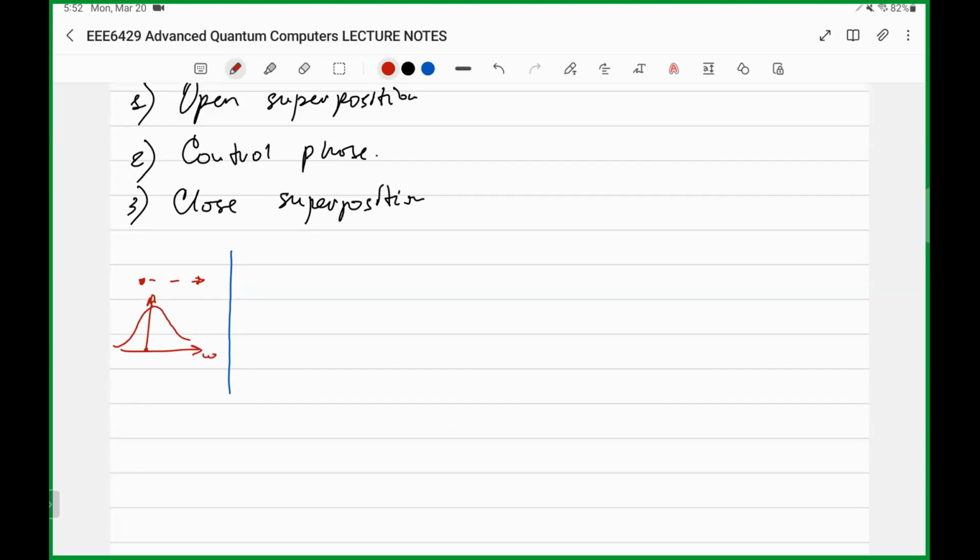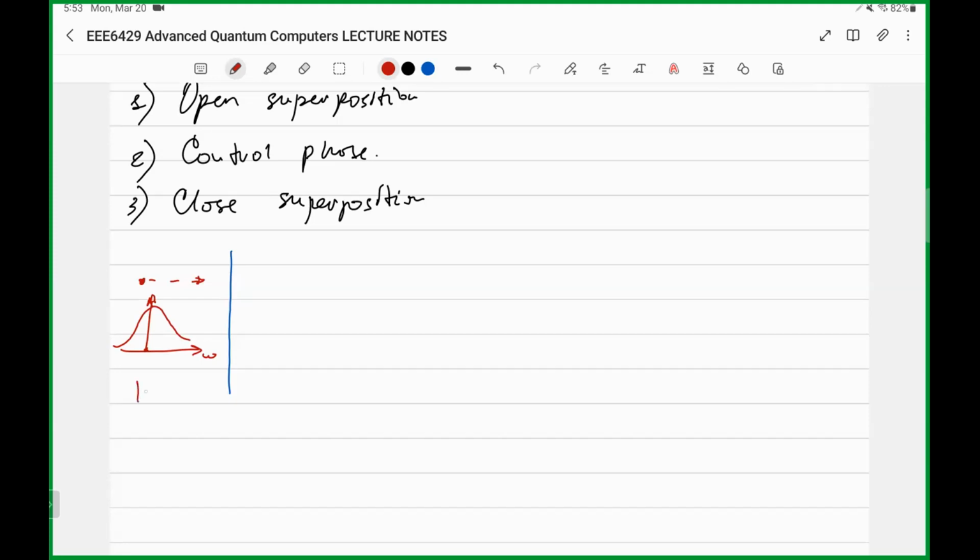Our light source has a finite spectral line, so it can emit photons of slightly different wavelengths or frequencies. Then I open up the superposition for each of the photons.